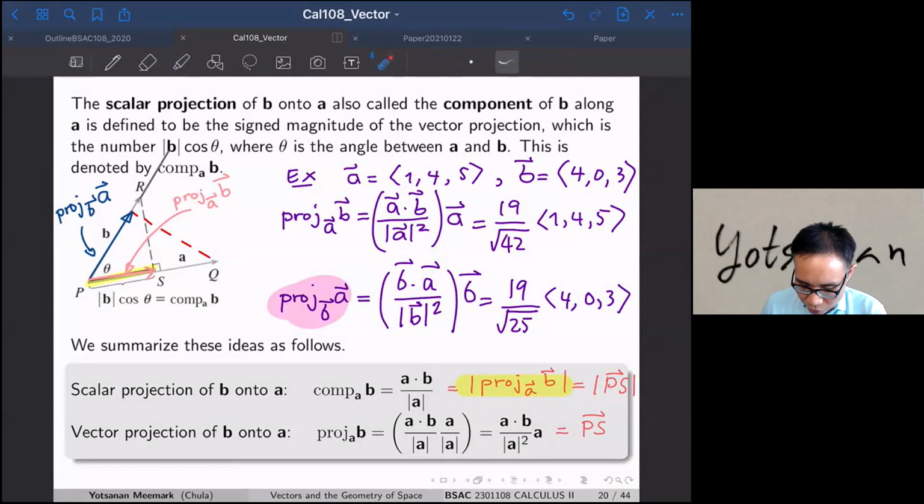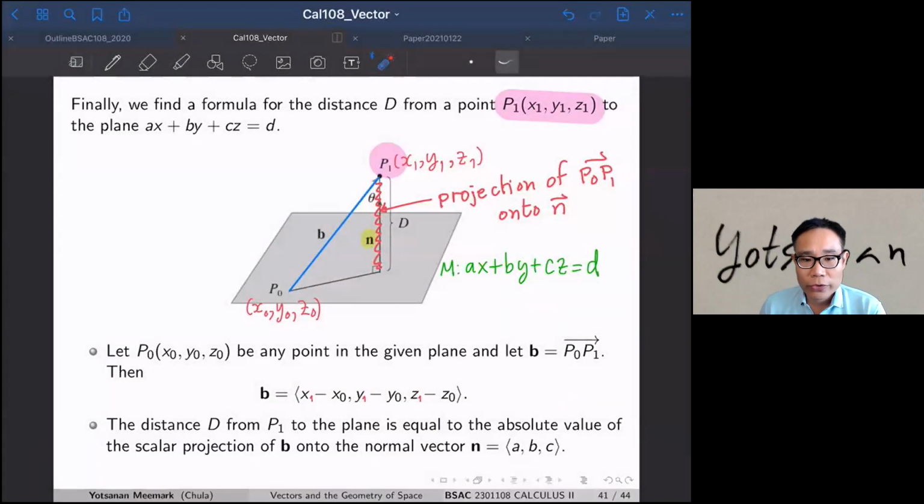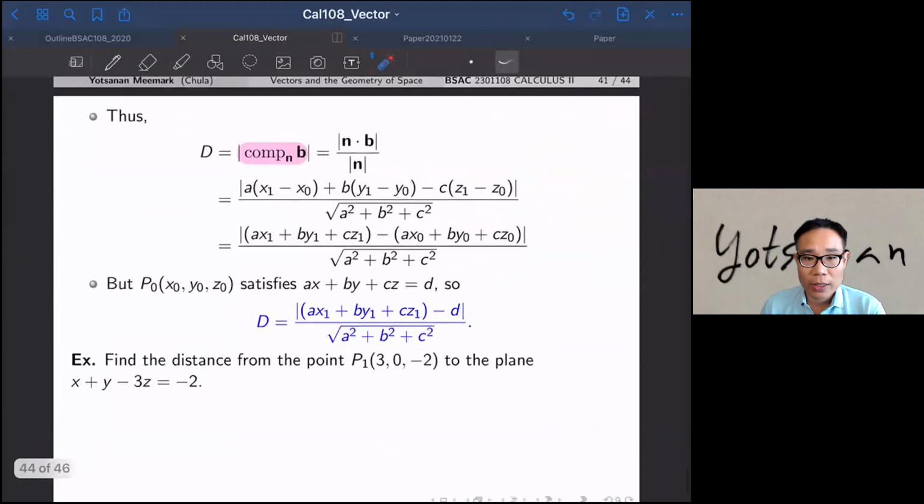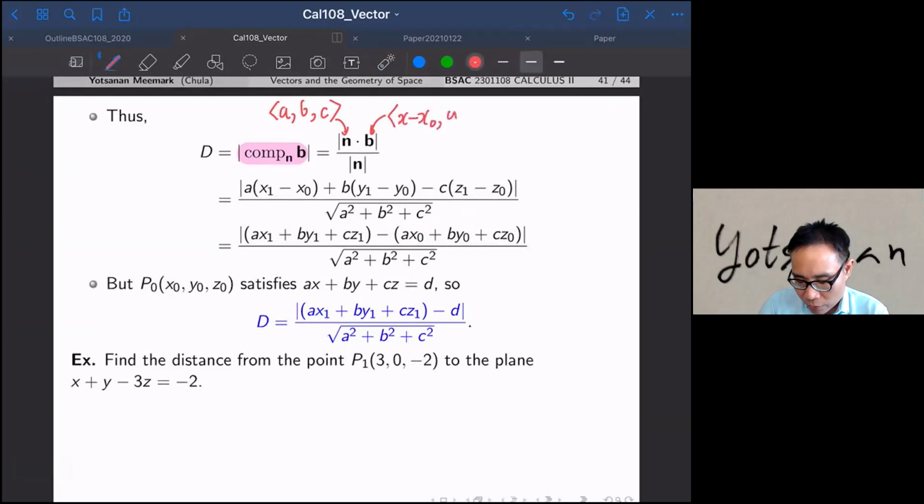Let's go back to our calculation. This is just plugging into the formula n dot B. So what is n and what is B? Our n turns out to be just A, B, C, and our B will be x1 minus x0, y1 minus y0, and z1 minus z0.